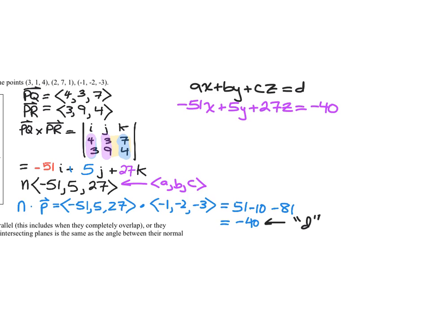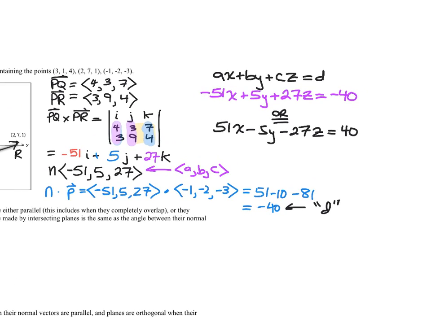It might look a little cleaner if you negate everything. We could say positive 51x minus 5y minus 27z is equal to positive 40. Either one is fine. One of them just felt a little cleaner, and there's sometimes a little benefit to doing that, but in this case it wouldn't make a difference either way.